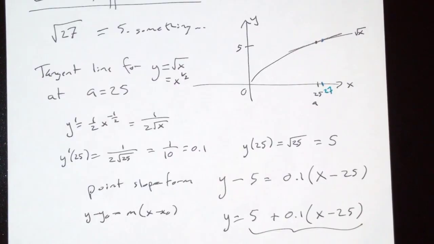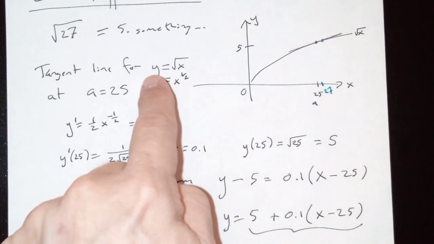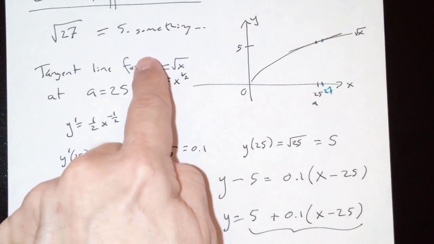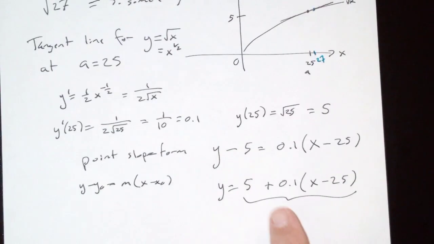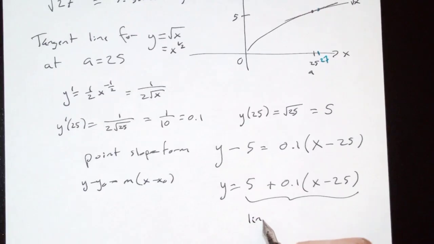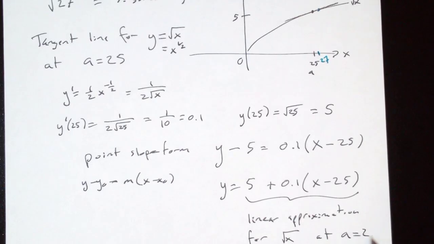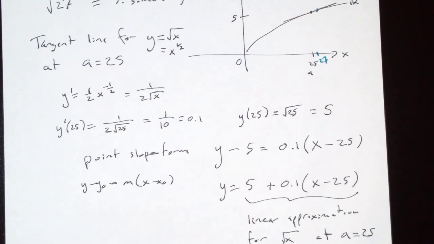So if I ask you to approximate the square root of 27, instead of trying to figure out what I'm going to get when I plug it in here, I can figure out what I'm going to get when I plug 27 into this equation. This equation is called the linear approximation for the function we are using at the value we chose.